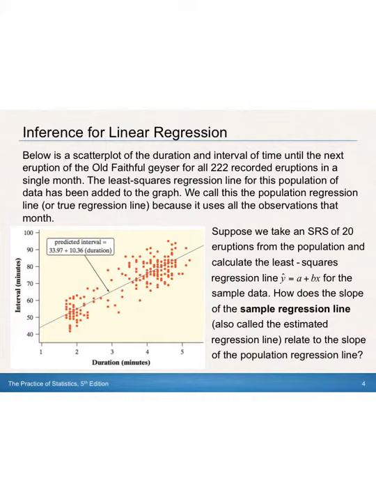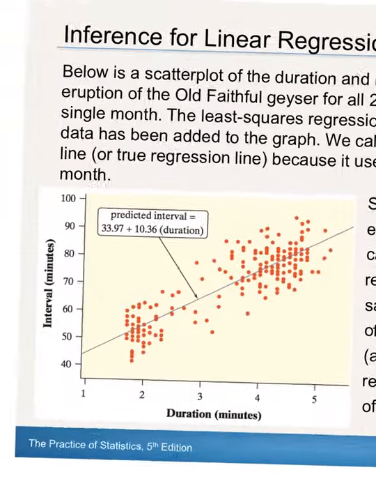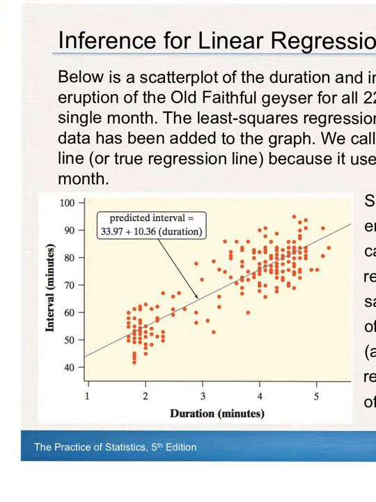We're calling that the population in this case. So that least squares regression line's y-intercept is at 33.97, and the slope says that it's going to be 10.36 minutes more in between eruptions for every minute that the geyser has actually erupted.